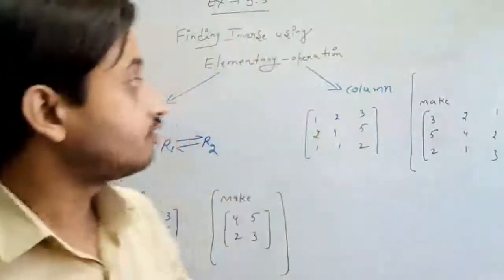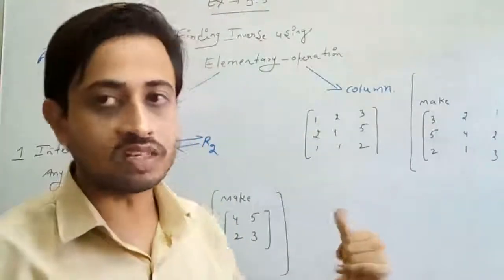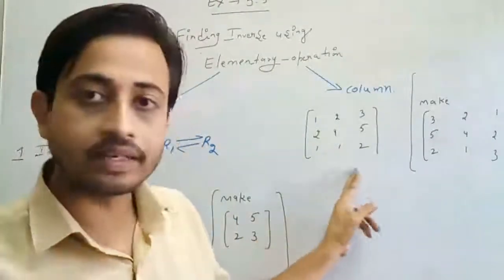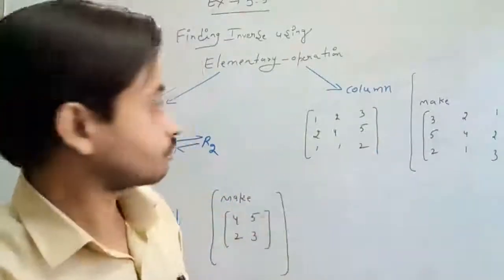Now look, if we apply this operation to the columns, then what do we have to do? The operation is very similar. Suppose this is your matrix and you want to make this. Please look very clearly.